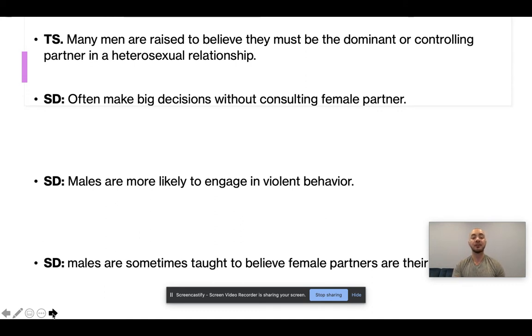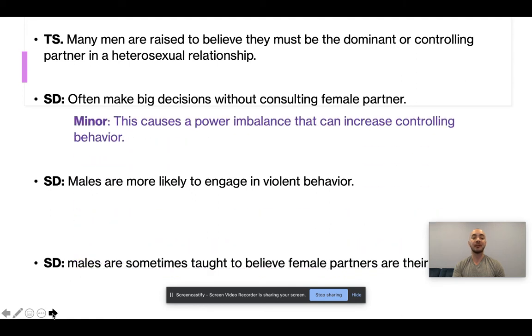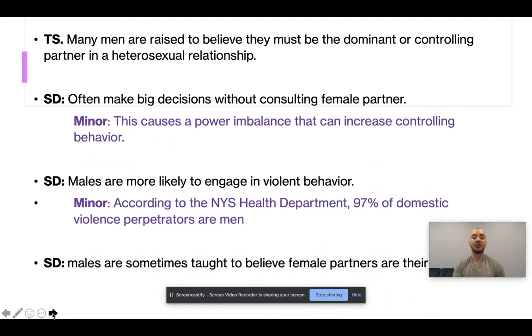So what we're going to go ahead and do is add some minor supporting details that are going to help paint a picture for our reader. So instead of just saying that often big decisions are made without consulting a female partner, we now have a minor detail that says this causes a power imbalance that can increase controlling behavior. So in this instance, our minor supporting detail is helping to explain our major supporting detail.